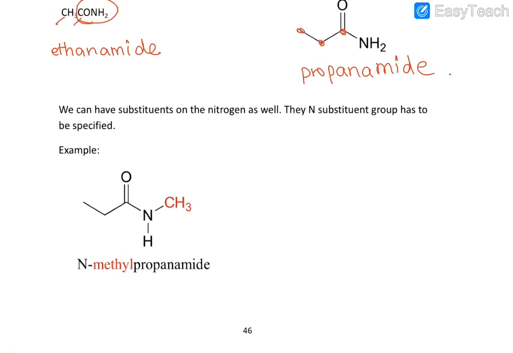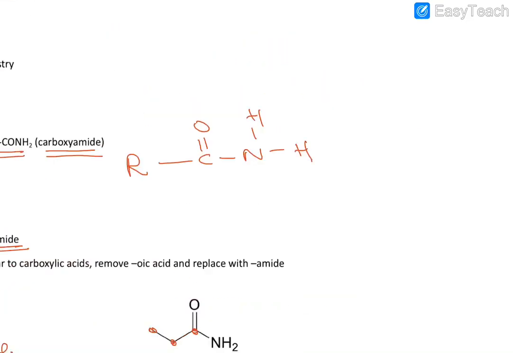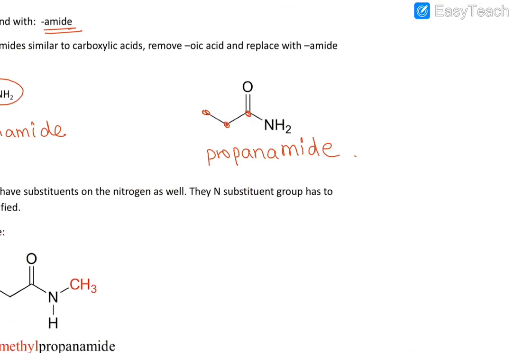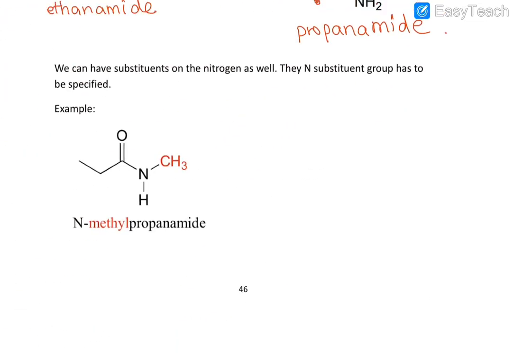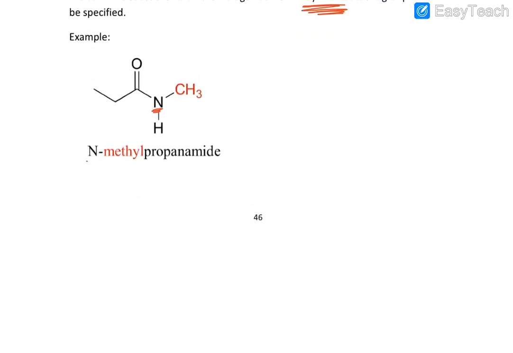Now, when we have substituents on the nitrogen, these hydrogens can also be substituted. And again we're going to use the N in the naming to specify that it's the nitrogen that is substituted. So here it's N-methyl propanamide.